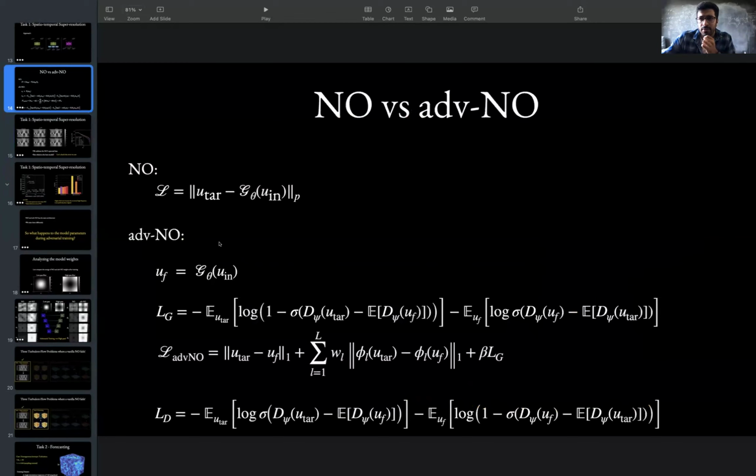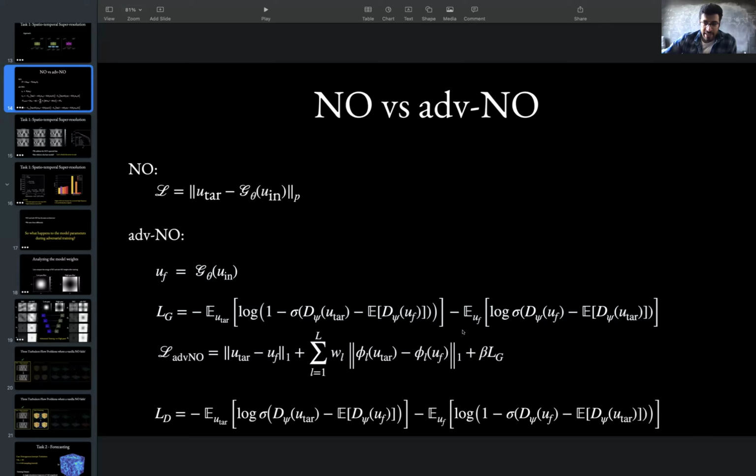Compared to the loss function of the neural operator, the adversarial neural operator adds three more terms, right? Yes, it has three more terms. Have you investigated which term plays the most important role in improving the results?